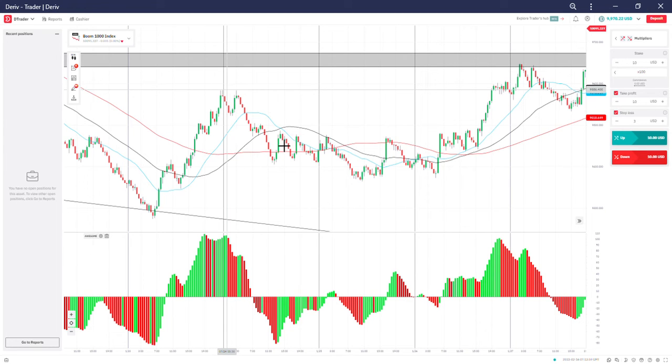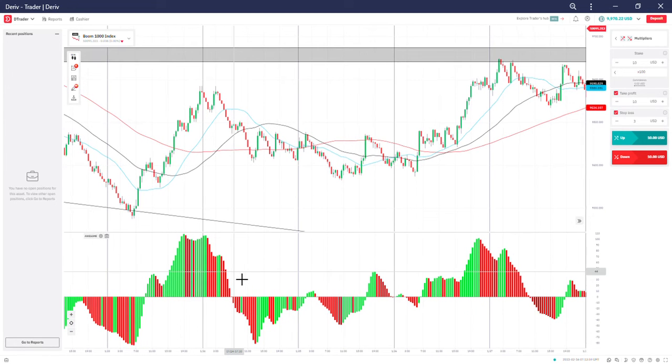Now let's go to a setup where the market is bearish. Remember, I'm trading the Boom 100 index. This is a synthetic index on the Deriv broker, and I'm trading on a 30 minute time frame. A 30 minute time frame is a very good time frame to do your technical and fundamental analysis, because it's a broad time frame.